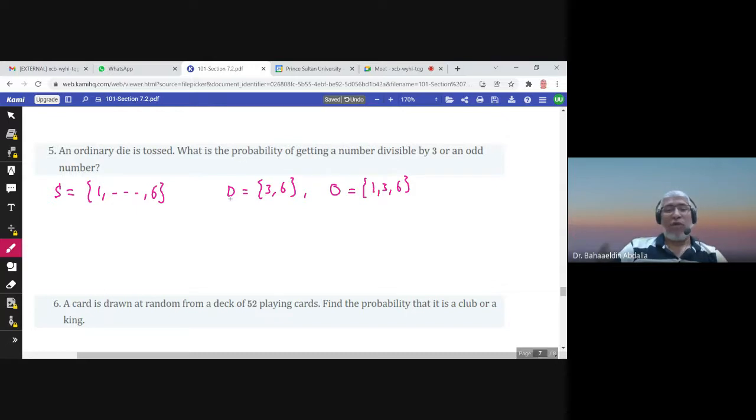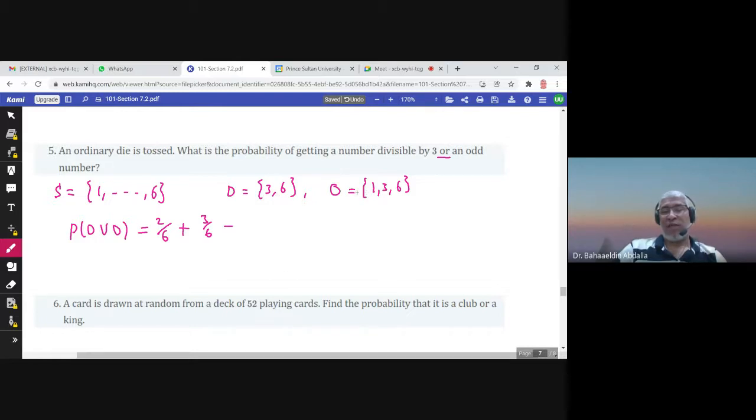So what do we need? The probability of D union O. So it is the probability of D, this is one way to find the answer, plus the probability of O minus the probability of the intersection. Is there an intersection?